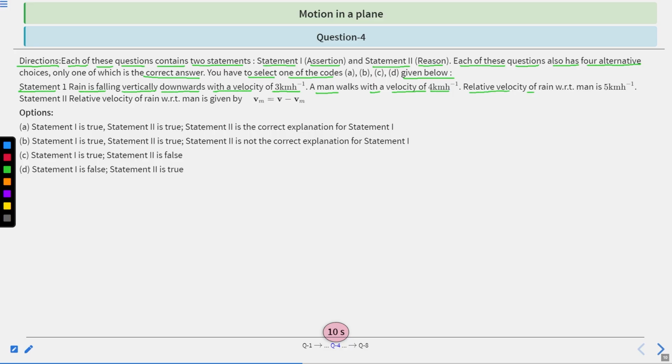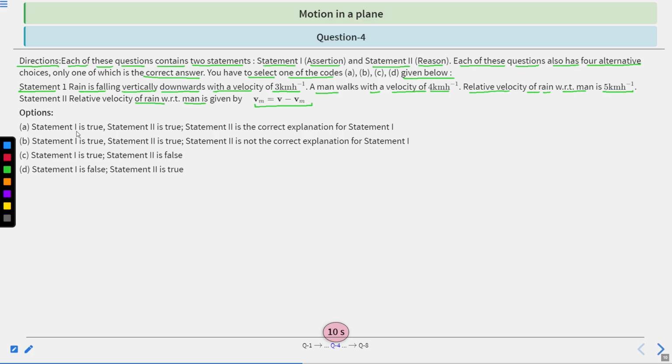The relative velocity of rain with respect to the man is 5 km per hour. And statement 2: the relative velocity of rain with respect to man is given by V_rm equal to V_r minus V_m. So which option is correct?